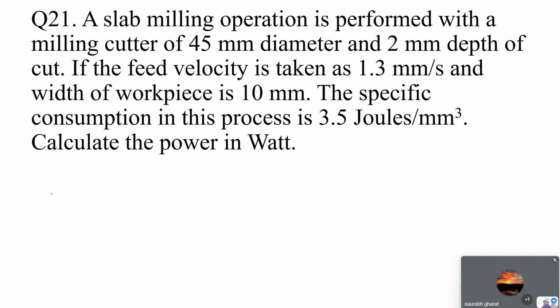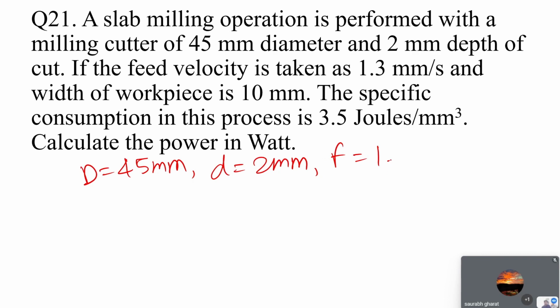Question 21: a slab milling operation is performed with a milling cutter of 45 millimeters diameter, and the depth of cut is 2 millimeters, and the feed velocity is 1.3 millimeter per second, and the width is 10 millimeters, and you have the specific energy of consumption.